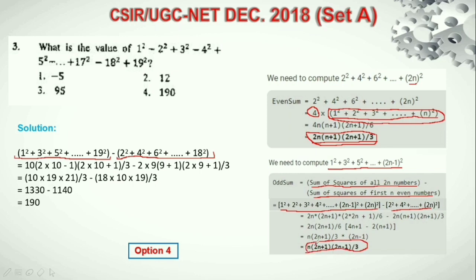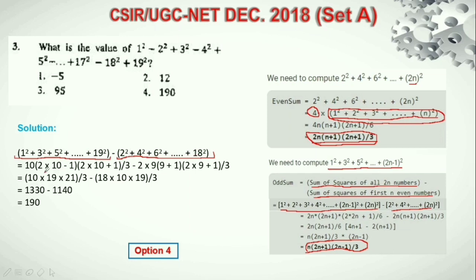So now we have the result for the sum of the series containing even terms and the sum of the series containing odd terms. The only thing we need to know is the number of terms in both the series. If you calculate the number of terms present in the odd series, it is 10, and the number of terms present in the even series is 9.